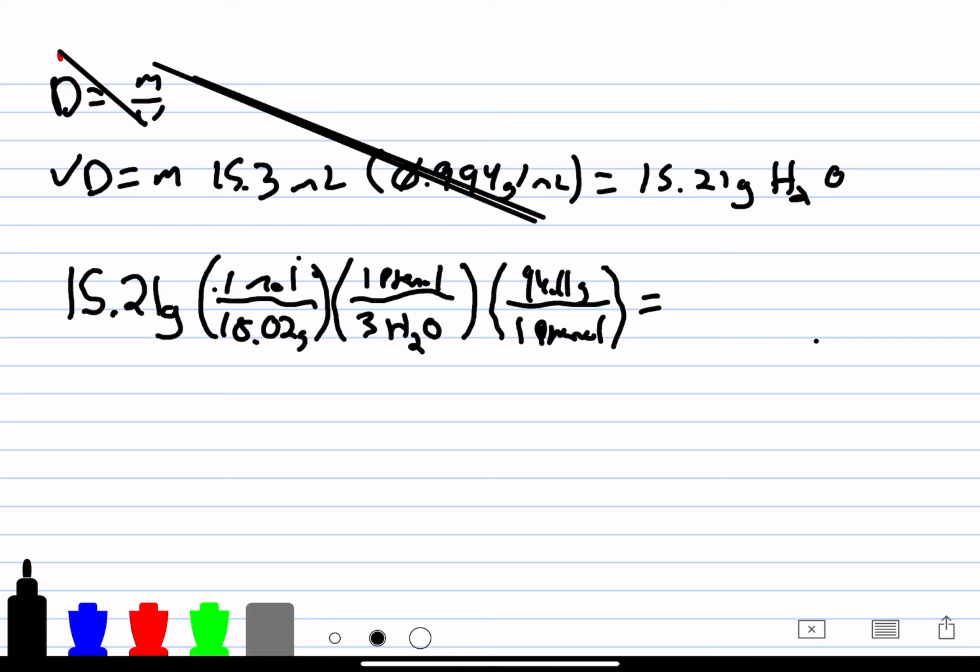If we multiply that through, we find we have 26.48 grams of phenol, and that is your answer for number 3.